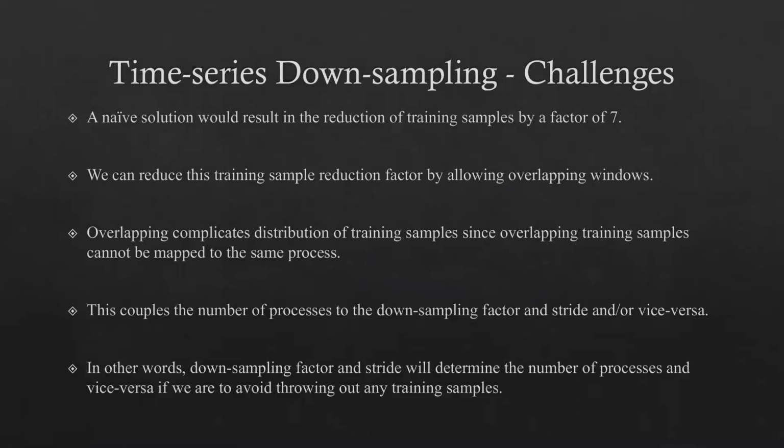So the first window is over day 1 to day 7, and then the next one is day 2 to day 8, day 3 to day 9, and so on. That way, you lose only about 7 training samples. Well, it also depends on the number of input time steps, but you don't lose nearly as much.